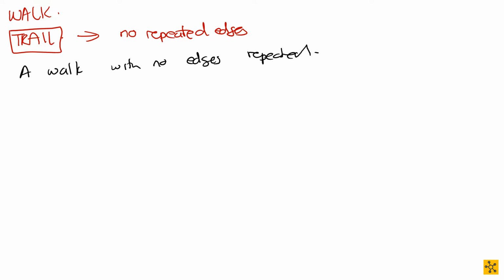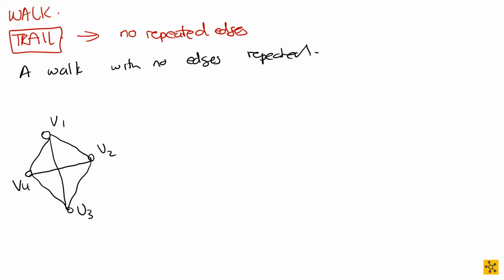So let's do an example or two. So we have V1, V2, V3, V4. Side note, what kind of graph is that? Okay, so we have V1, V2, V3, V4. Let's do a walk.